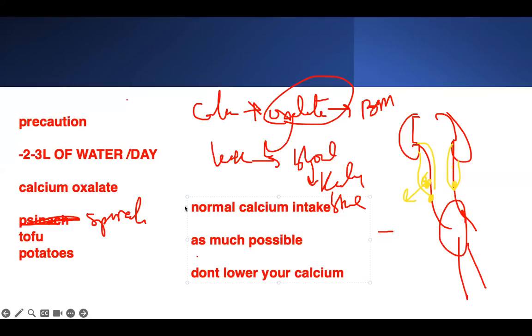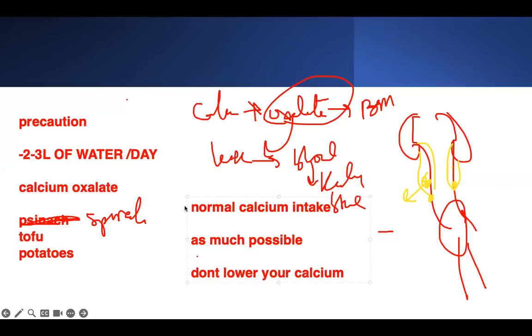So make sure your calcium is normal as much as possible so that the calcium will bind the oxalate. If you take low calcium, this will lead to oxalate absorption and you get more stone. Counterintuitive. Oxalate stone, teaching you provide for the patient: maintain normal calcium.